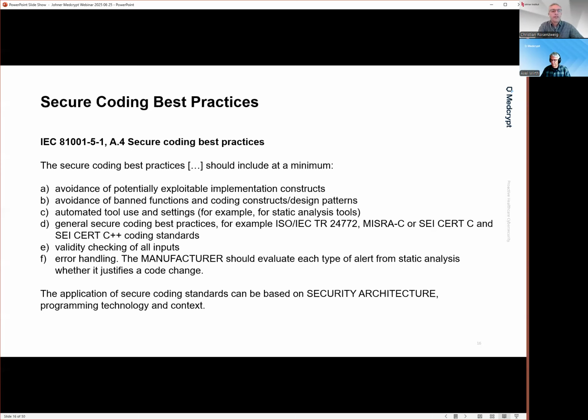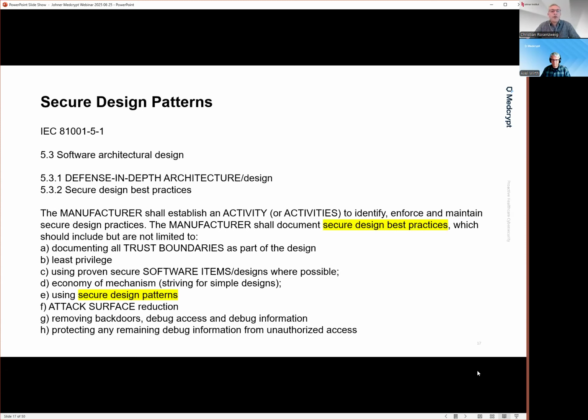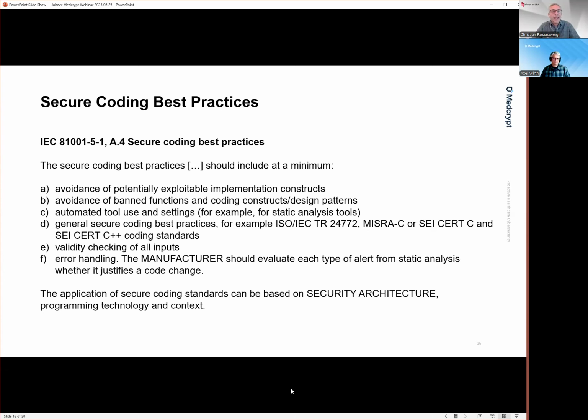And it talks about, for example, avoidance of potentially exploitable implementation constructs, avoidance of banned functions, the so-called insecure functions, automated tool use, general secure coding best practices, and then it mentions some standards that you can use for secure coding. So there is a little bit more information about secure coding, but not to the full extent. But it helps a little bit in finding out what they mean by secure coding best practices. Okay, next slide.